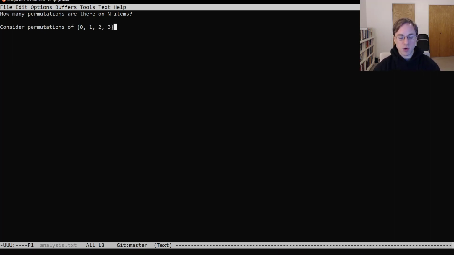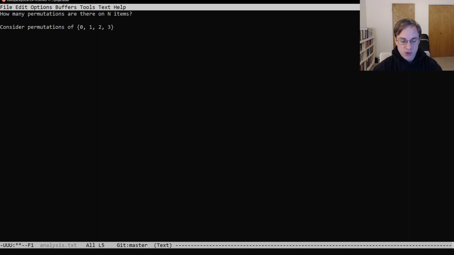Rather than starting with the full set of digits, we're just going to look at the first 4 digits. When we're constructing our permutation, we'll need to pick a first item, and then the next item, and then the next item.